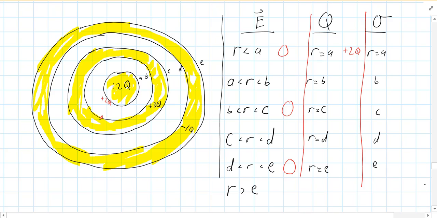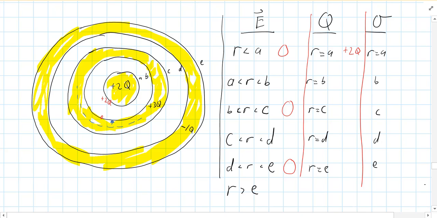surface B? Okay, well, here's how you do this. I know that within this spherical conducting shell here, between B and C, the electric field is zero. And if I imagine drawing a sphere that's concentric with the inner and outer part of that, between B and C somewhere, I know that the electric field here is zero.